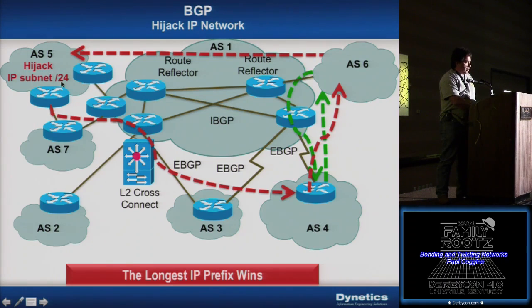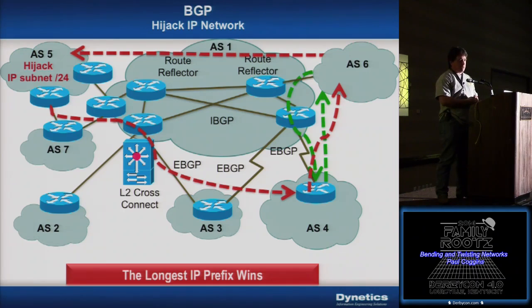And there's nothing to stop them, because of the inherent trust relationship in the internet, from taking your IP space and advertising your IP space as their own, and then influencing traffic at the global level to swing over to their network so that they can execute a man-in-the-middle attack on a macro layer, at a global layer, and be able to do modification, injection, maybe drop the traffic on the floor.